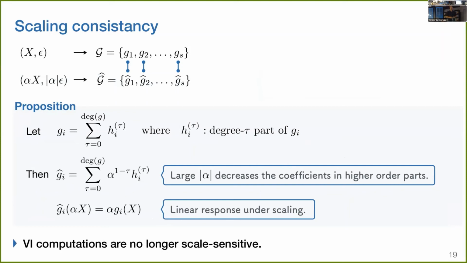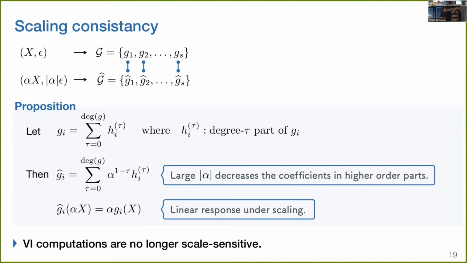The other property that can be achieved by gradient normalization but cannot be achieved by coefficient normalization is scaling consistency. What it means is that you have a set of samples X, and you can also have a scaled sample alpha X, where alpha is some scalar, and you just scale every single vector in X by alpha.